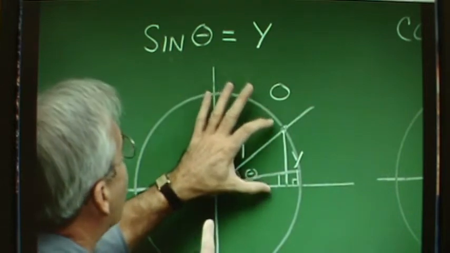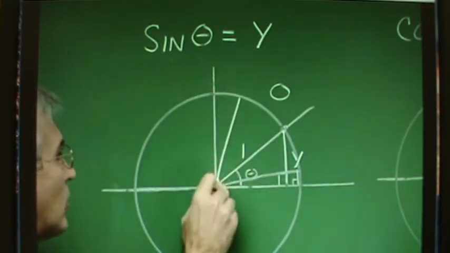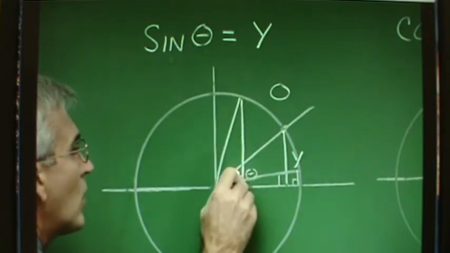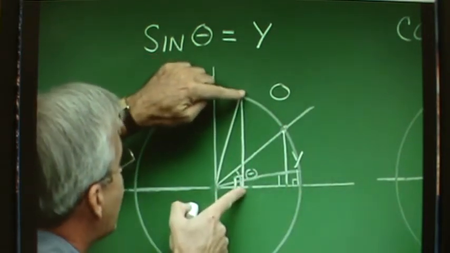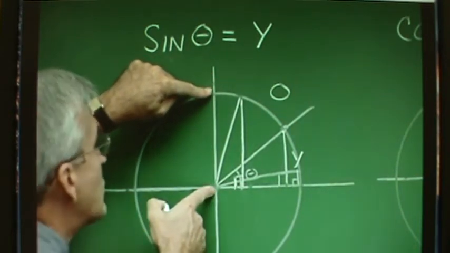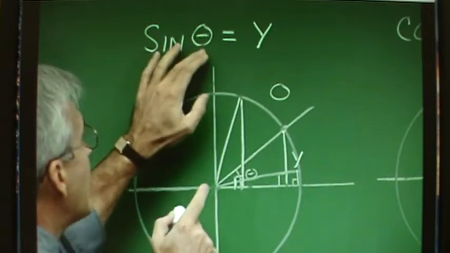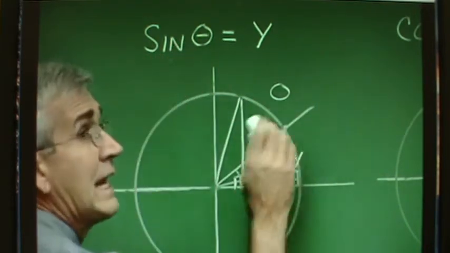But how big can it get? Well, it starts to approach 1, and when we get to 90 degrees, it's exactly 1. And so the value for sine theta, that is the value of y, is changing from 0 to 1 in the first quadrant.